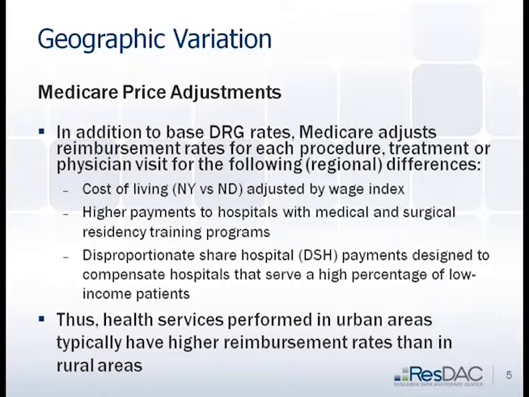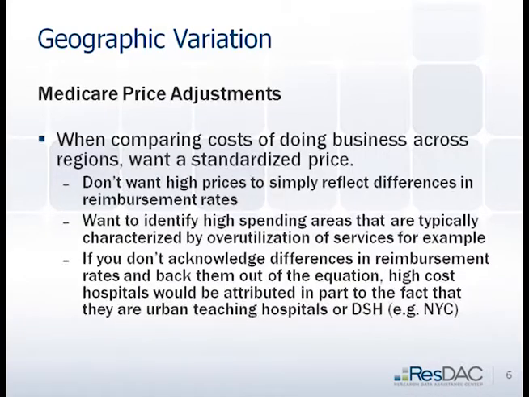The disproportionate share hospital payments go to hospitals serving a high percentage of low-income patients. So health services performed in urban areas, New York, for example, typically have higher reimbursement rates than in rural areas, given the set of adjustments that Medicare takes on.